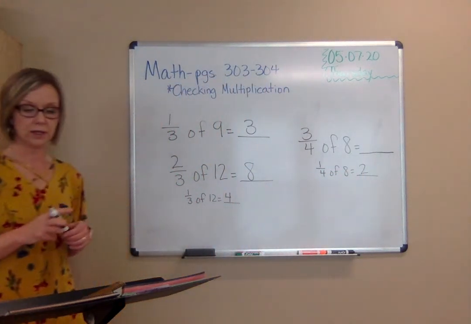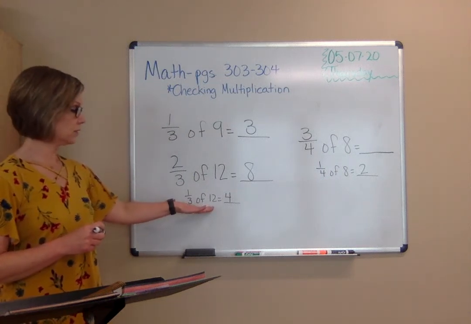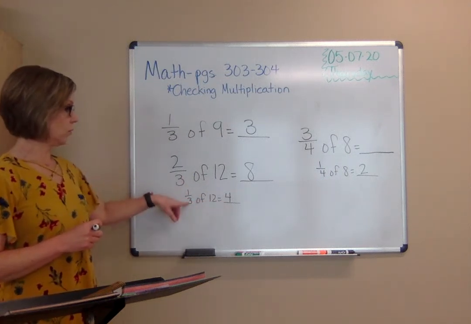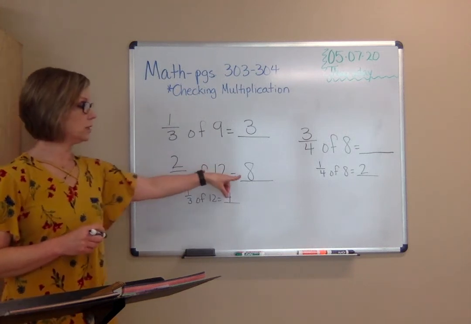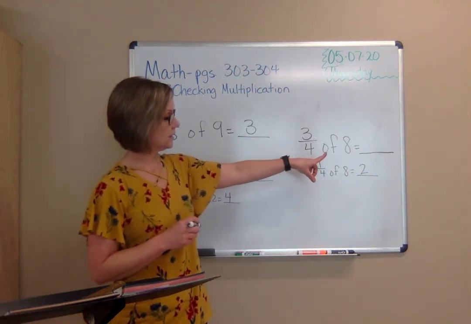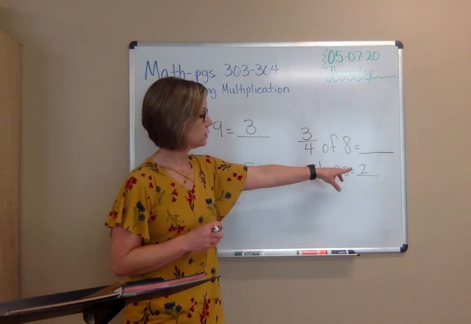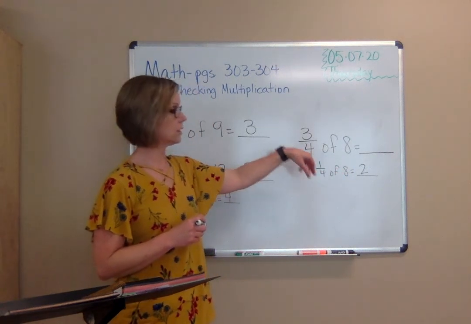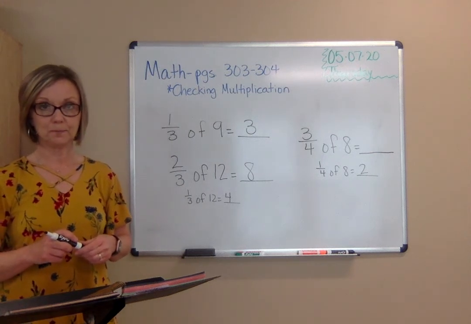So how do you think you need to solve that? Going back to what I did right here. 1/3 of 12 equals 4. 4 times 2 equals 8. 3/4 of 8 equals what? 1/4 of 8 equals 2. 2 times 3 would equal what?